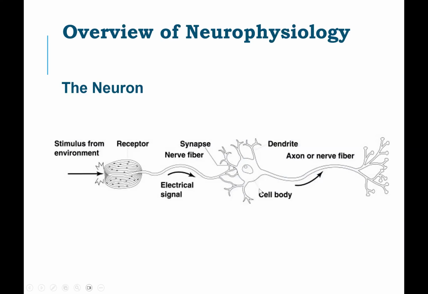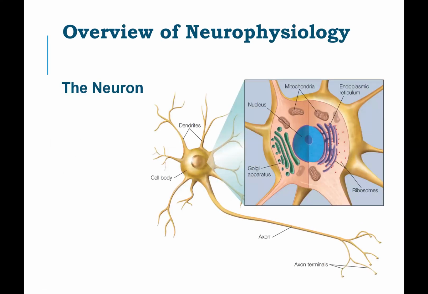So what is the architecture of a cell? And again, I'll come back to this. So something like this. And again, this is a schematic, right? There is enormous variability between different neurons, depending on where they are.